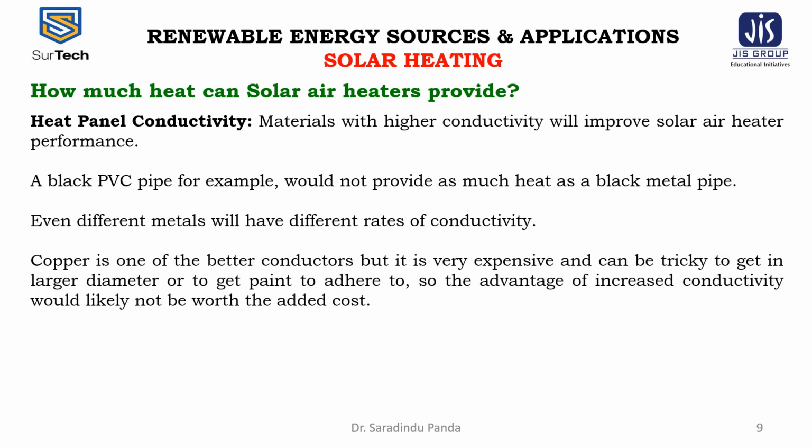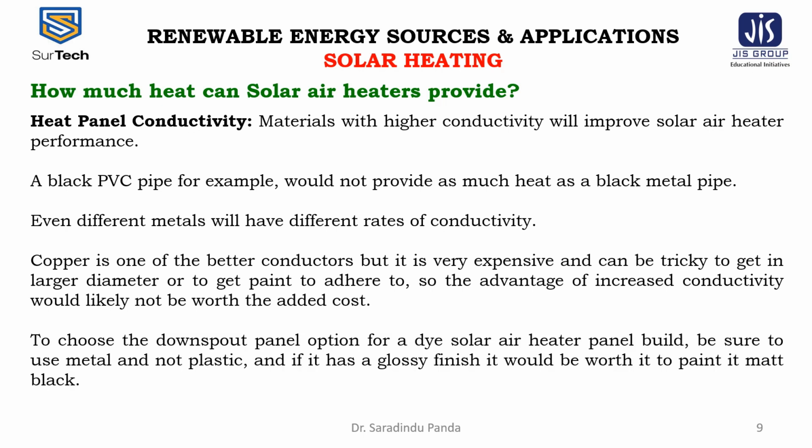Copper is one of the best conductors, but it is very expensive and can be tricky to get in larger diameter or to get the paint to adhere to. So the advantage of increased conductivity would likely not be worth the added cost.